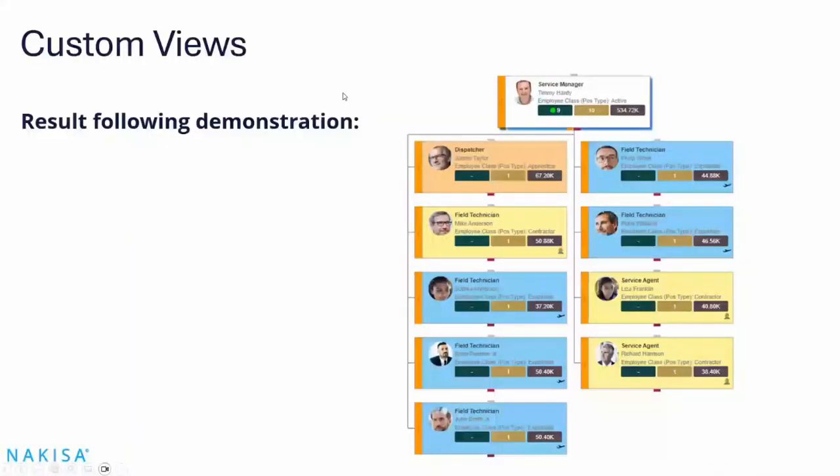So this is the result that we have, a custom view created for the business to meet their requirements and needs. And again, I think as we see the evolution of the workplace, and a lot of organizations are hiring contractors, I think it's important to be able to visually represent them in the chart and get a lot of analytics and KPIs based on that. So for example, here I'm showing span of control, headcount, total salary.